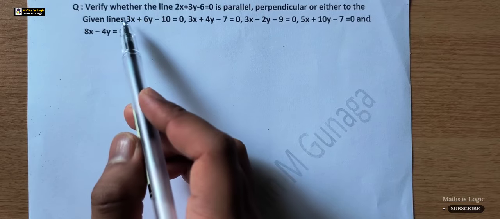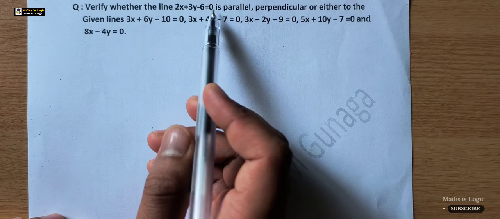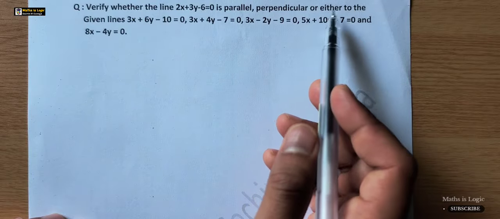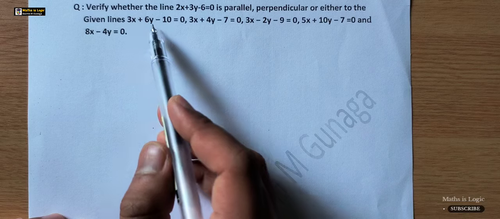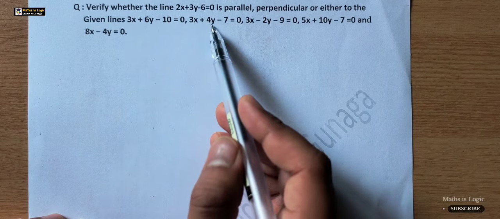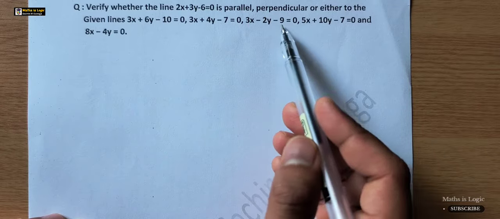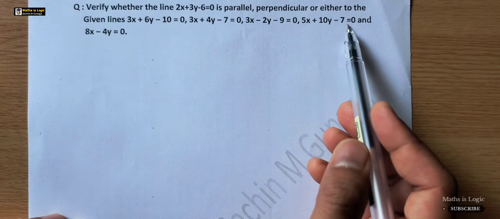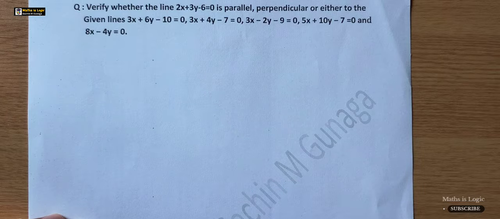Next, verify whether the line 2x plus 3y minus 6 is equal to 0 is parallel, perpendicular, or neither parallel nor perpendicular to the given lines: 3x plus 6y minus 10 is equal to 0, 3x plus 4y minus 7 is equal to 0, 3x minus 2y minus 9 is equal to 0, 5x plus 10y minus 7 is equal to 0, and 8x minus 4y is equal to 0.